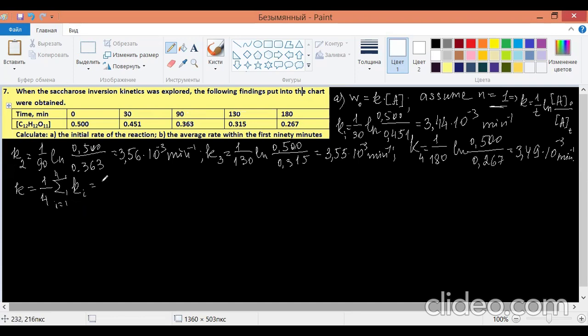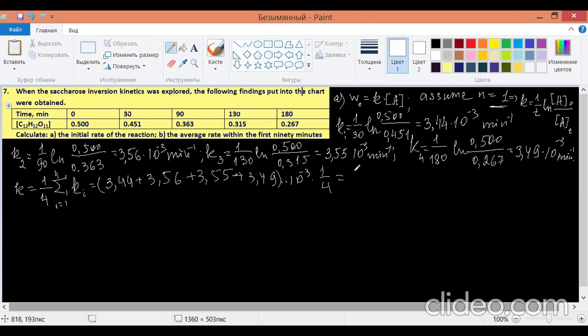Okay, and let me do a calculation. So it's 3.44 plus 3.56 plus 3.55 plus 3.49 times 10 raised to minus 3, and 1 out of 4.